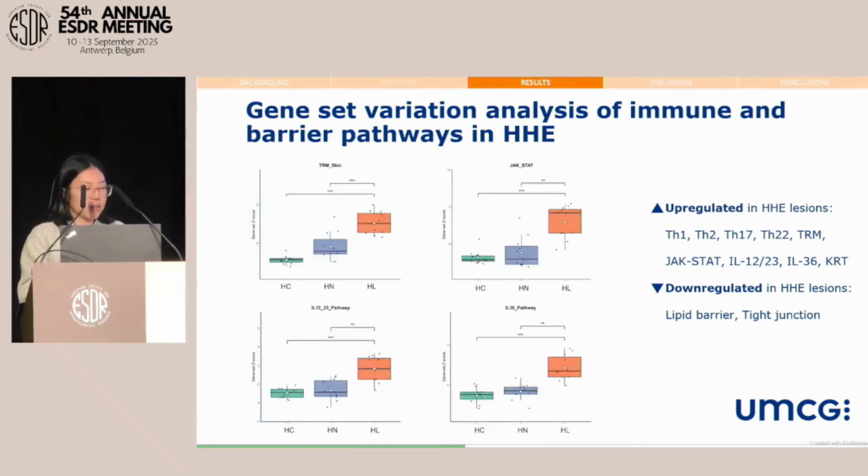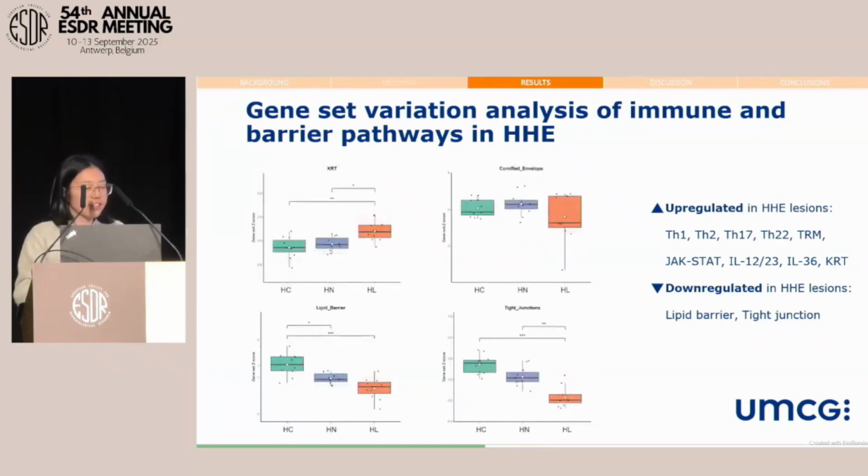The tissue resident memory skin related gene sets suggest that IL-12, IL-23, and IL-36 pathways are also significantly upregulated in lesional skin. The KRT-related gene sets are also significantly upregulated in lesional skin. However, in contrast, the lipid barrier and tight junction-related gene sets are significantly downregulated in lesional skin. The non-lesional skin also shows significant downregulation in lipid barrier.